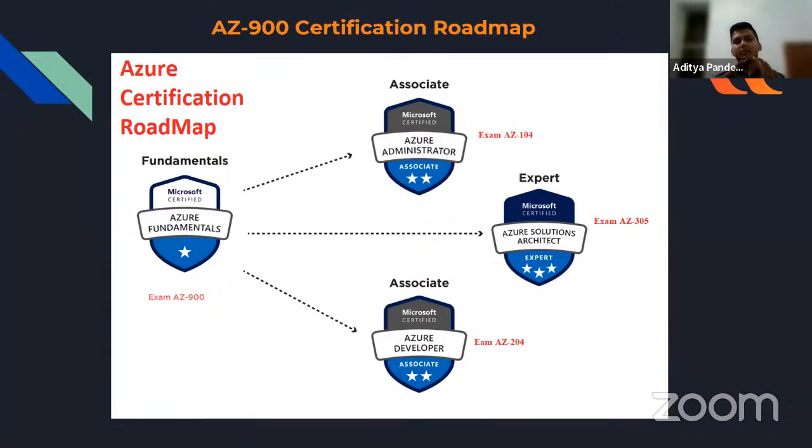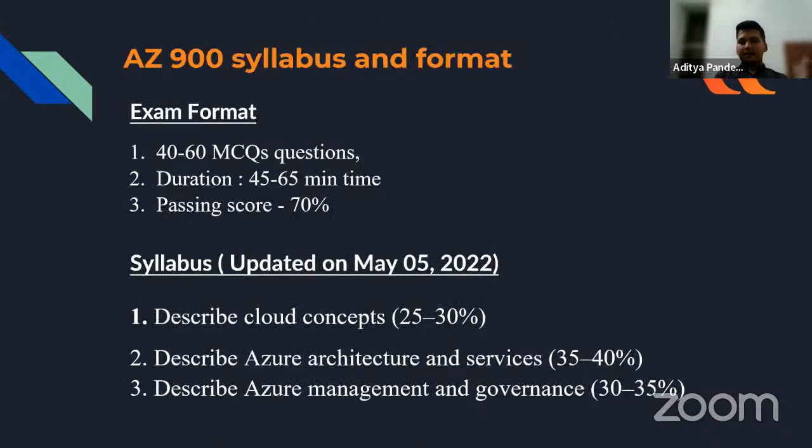But AZ-900 covers all the aspects of Azure cloud, be it data, be it cloud services provided by Azure, administration, governance, etc., right? So that's why it is advisable to appear for AZ-900 first.